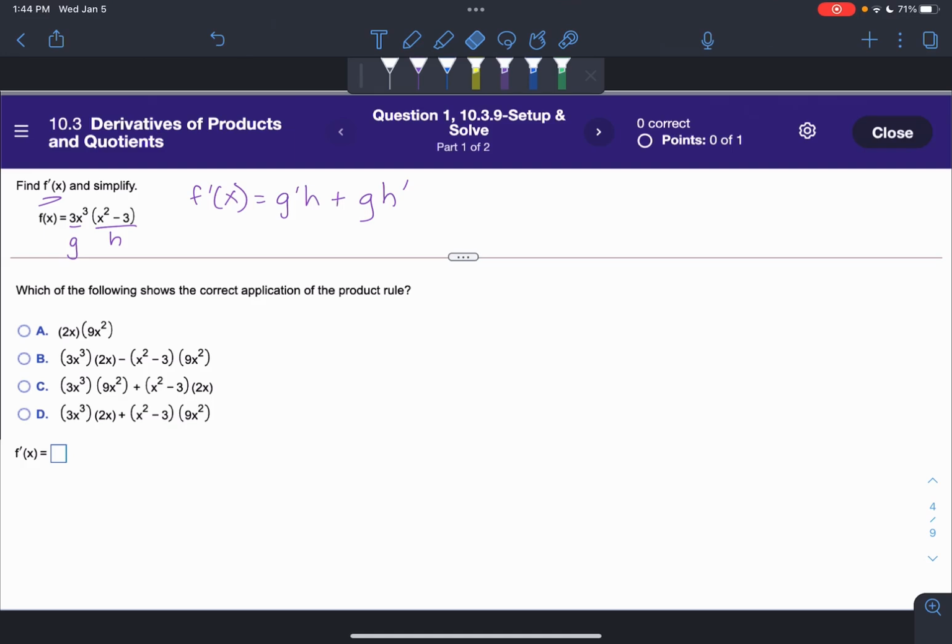So you're never going to have g prime h prime plus gh or some other version. So just make sure that you have the right formula. You can write them down on an index card for easy reference if that helps. Same for the quotient rule.